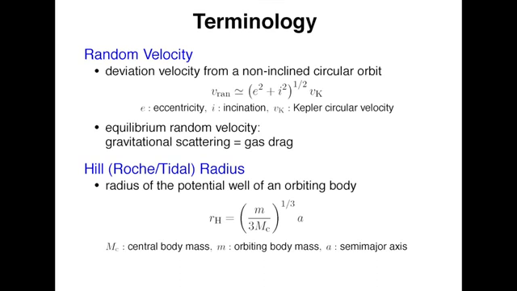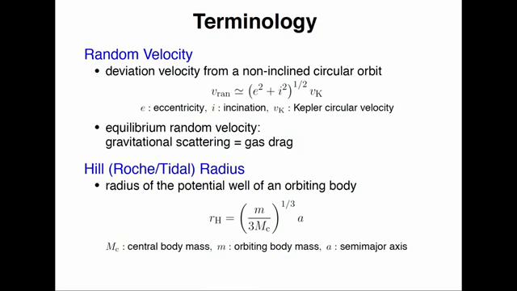So given by this equation, where m is the mass of this orbiting body, mc is the mass of the central object, and a is the semi-major axis. This is the kind of gravitational reach of an orbiting body. I will use these terms later.